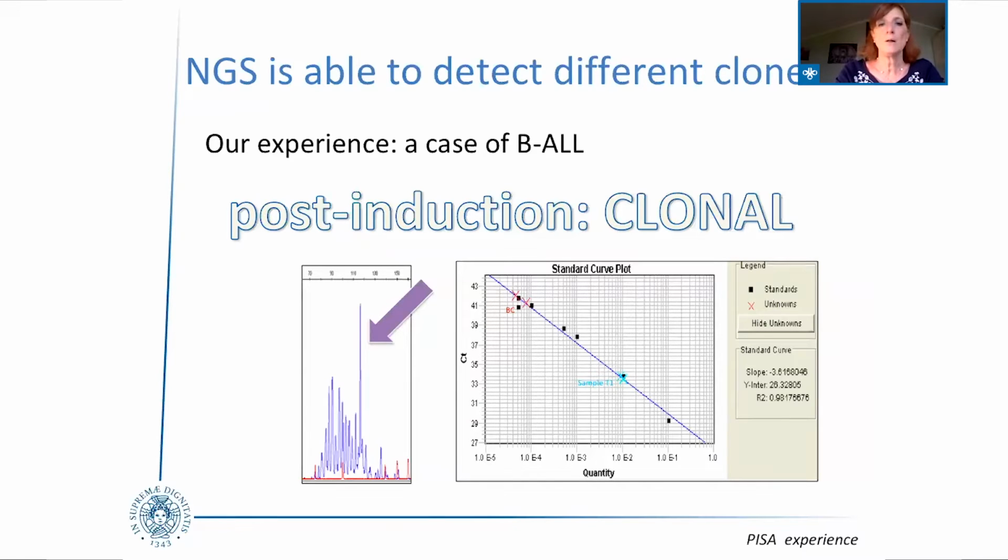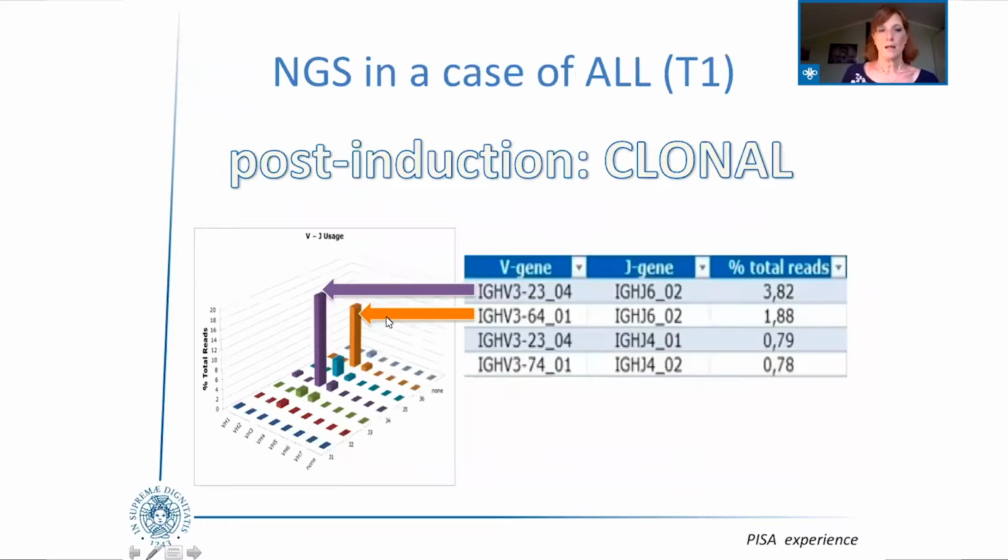A young man with B-ALL had the diagnosis, and post-induction, qualitative and quantitative PCR detected 1 clone that we'll call the violet clone. Already at diagnosis and after induction, NGS showed two different clones, the orange clone in addition to the violet one.